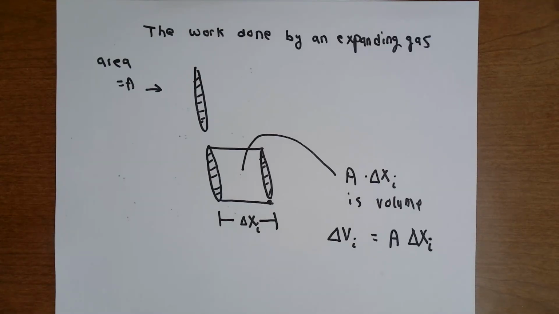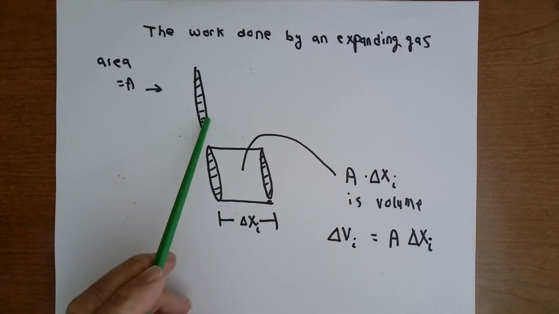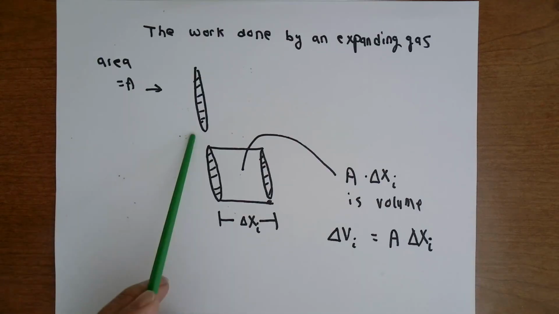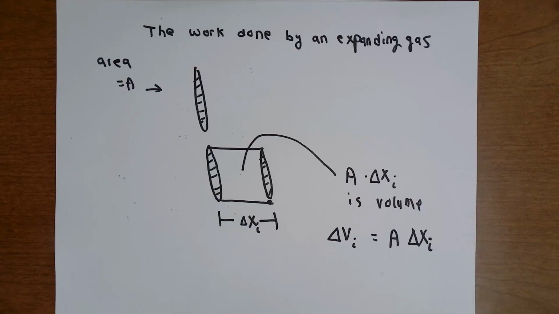Shortly, I'm going to imagine that this is the face of a piston head, that there will be a piston cylinder containing some gas. The gas is going to push this, displace it a distance delta x sub i, and I'd like to know how much work was done doing that.